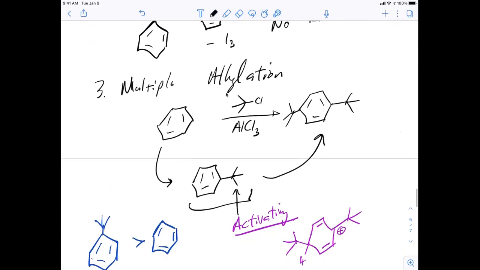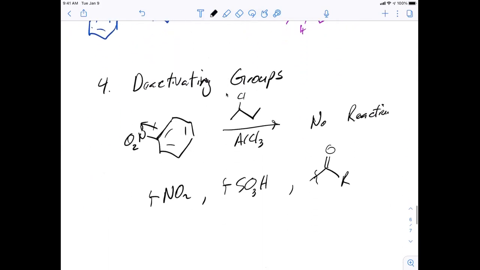Third, we potentially get multiple alkylations. That's usually not a big issue, but it is something to watch for. And if you're worried about that, there may be a better way to do it. And then the last one is it doesn't work for some groups that are attached to the ring. So if I have a nitrobenzene, then I can't do Friedel-Crafts alkylation. If I have sulfonates, I can't do Friedel-Crafts alkylation.